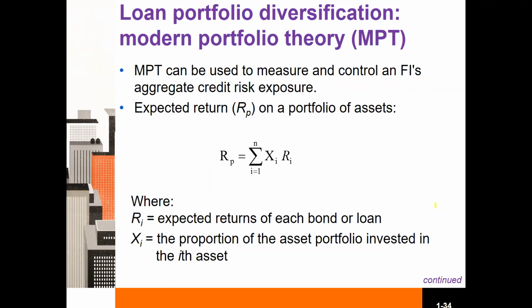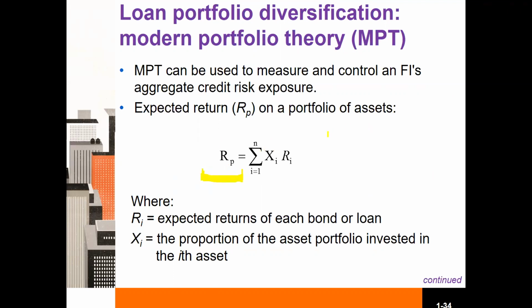Suppose the manager can estimate the expected return of each loan or bond in the financial institution's portfolio. After calculating the individual security return series, the financial institution manager can compute the expected return on the portfolio. So you can see that this is the expected return on the portfolio of assets.